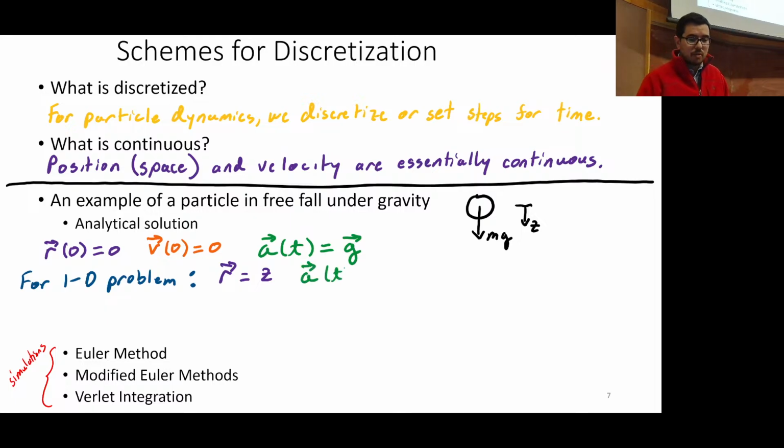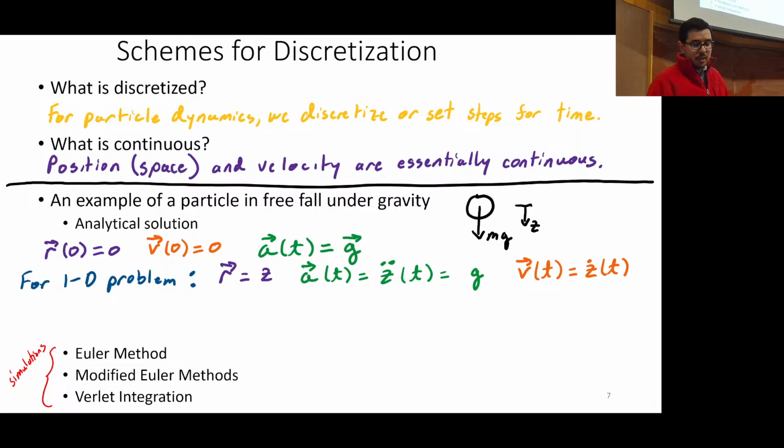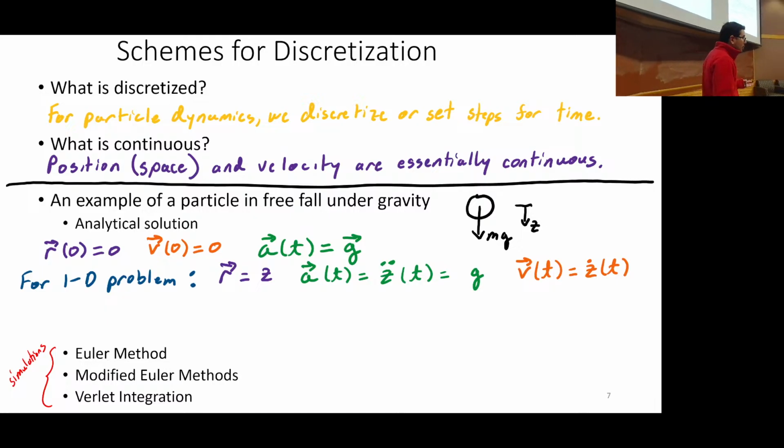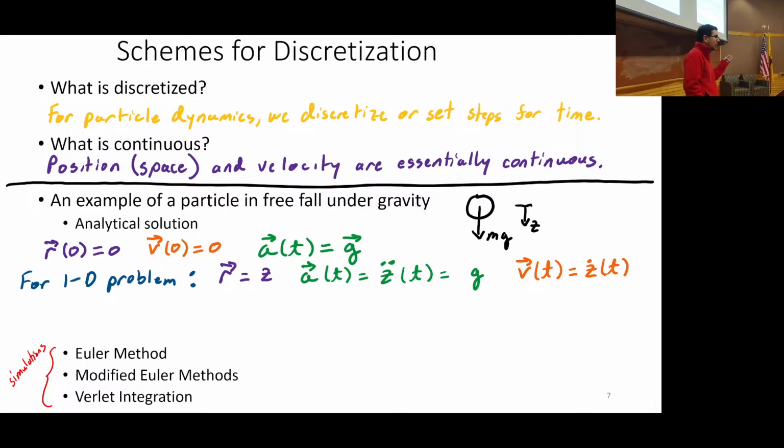Okay, we can write position as z. We can write acceleration as z double dot, which is equal to g. And we can write that the velocity is going to be z dot. That will be, well, you tell me. What is the velocity? What is the equation exactly? Here I've got g. Yeah, right. So I just integrate, right?